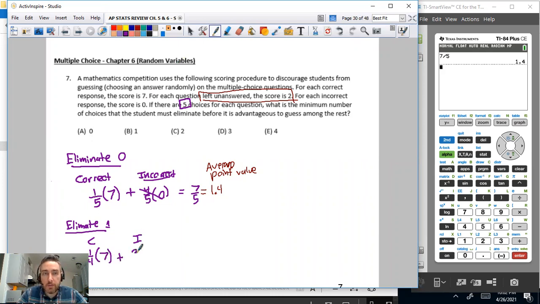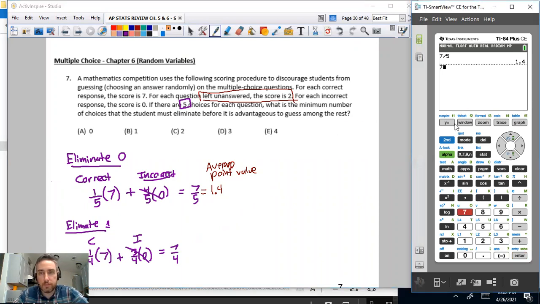Probability of incorrect is going to be 3 out of 4, and of course, that's still going to be 0. So it's really going to be 7 divided by 4, which is 1.75. 1.75 is your average point value if you eliminate 1.